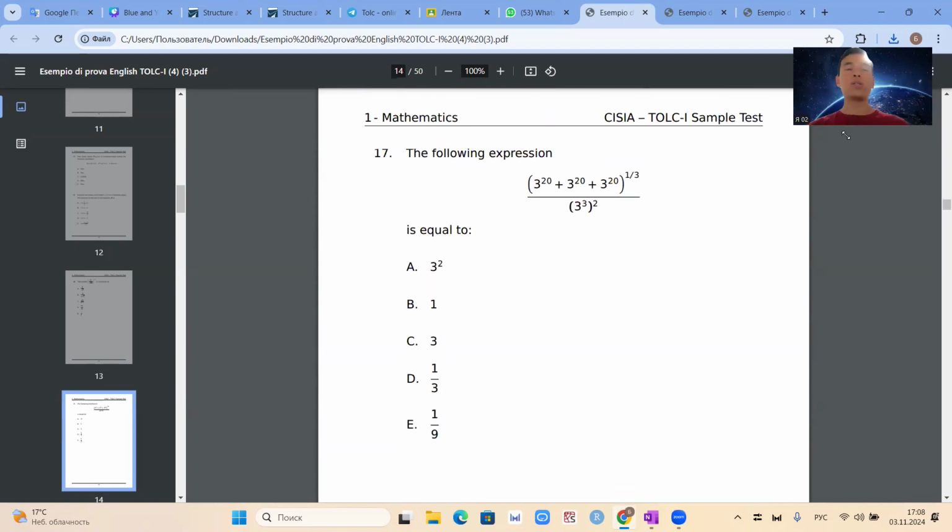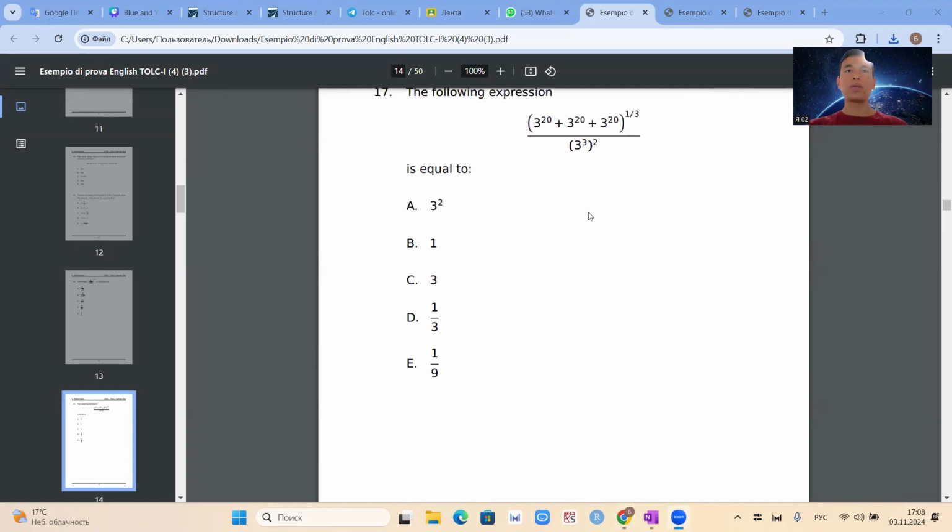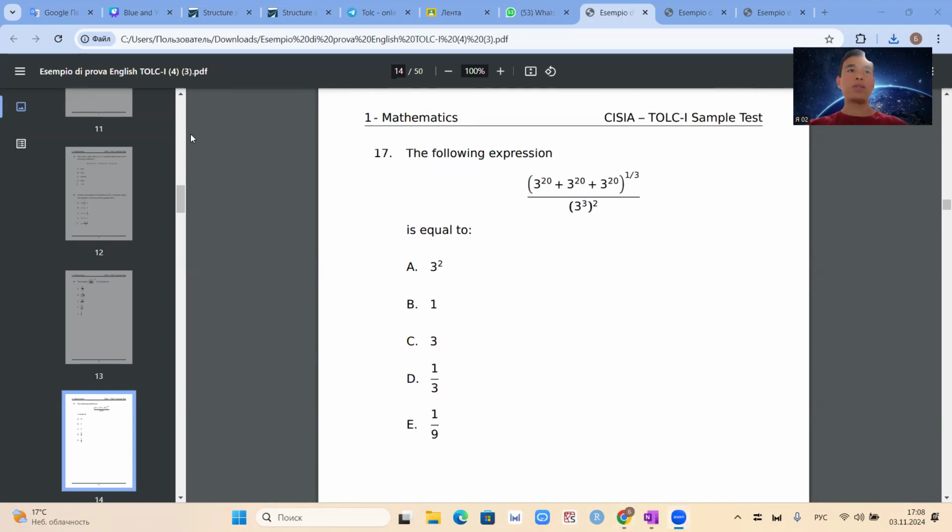Could someone solve this exercise? Okay, if not, we can do it together. The first thing I suggest is to factor out 3 to the power of 20.